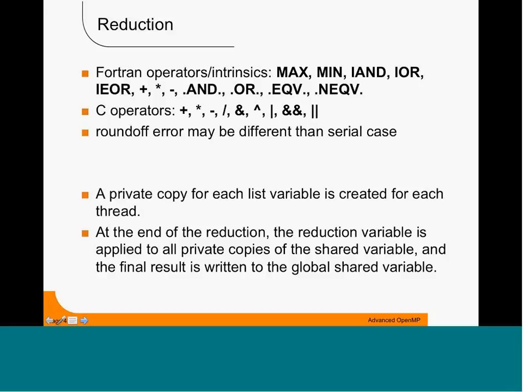One of the most important things to remember is that the round-off error may be different, because now we're summing all these 100 values into one value, so you're making some round-off error. Private means a copy of each list variable is created for each thread. With reduction, the reduction operator is applied to all private copies of the shared variable, and then finally you get the result of the variable.